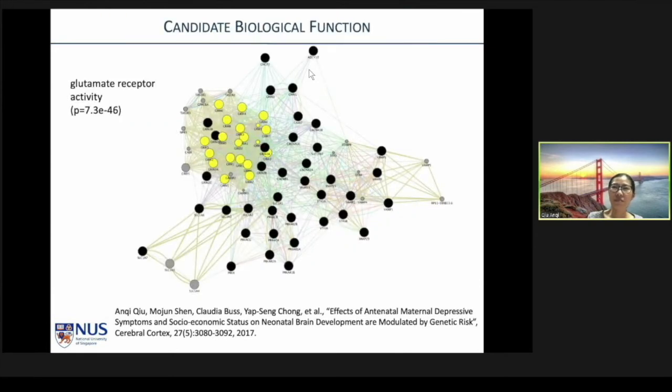We employ gene network analysis and identify biological pathways that can potentially contribute to such an interaction. The genes that form glutamate receptor activity most interact with maternal depressive symptoms on the neonatal right amygdala volume. Postmortem studies of major depressive disorder suggest altered glutamate synaptic signaling, which is a treatment target for major depressive disorder.